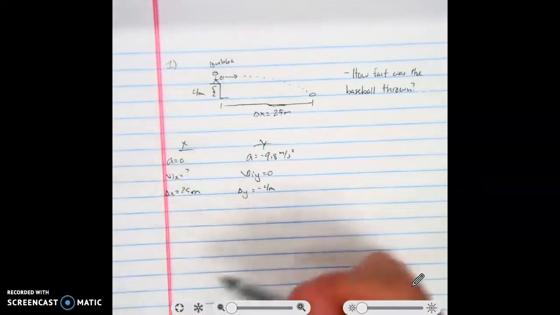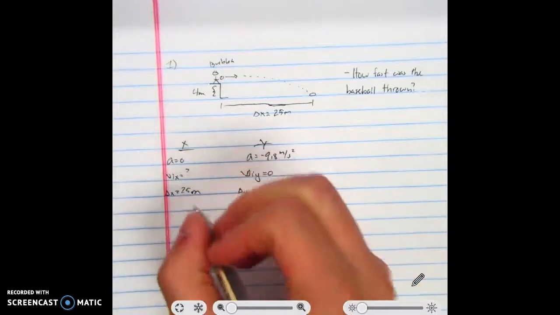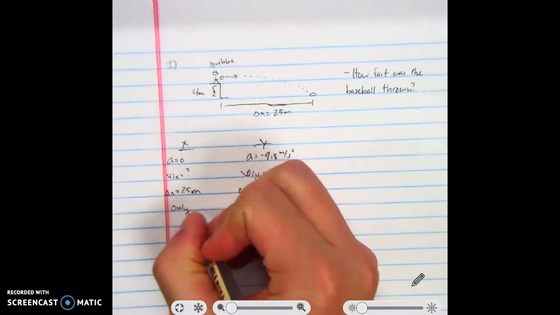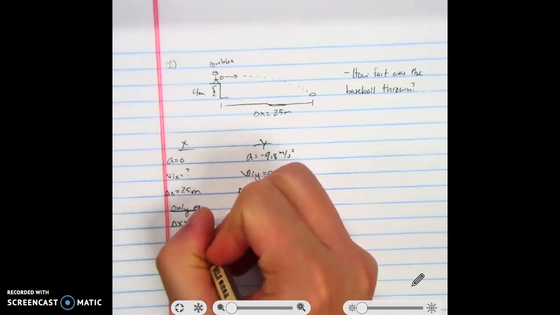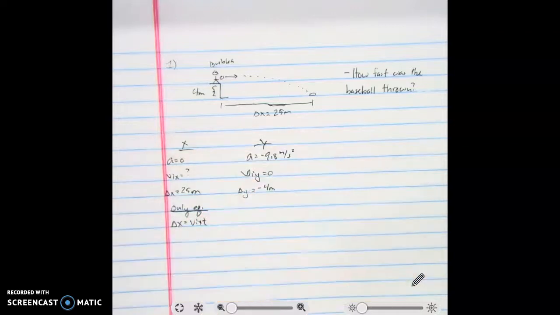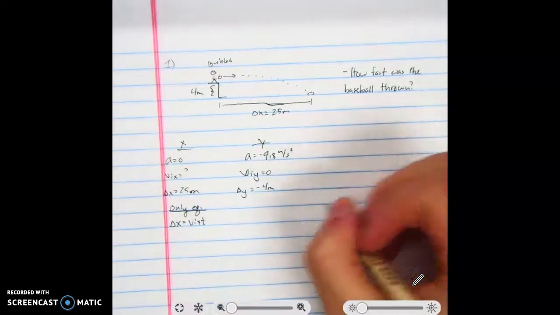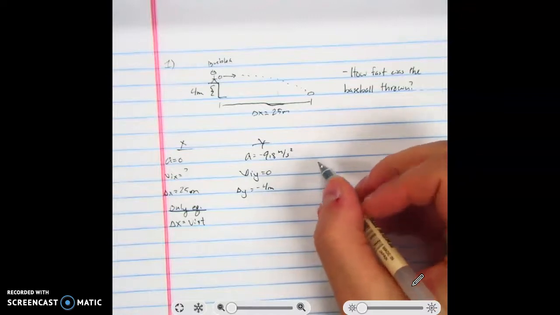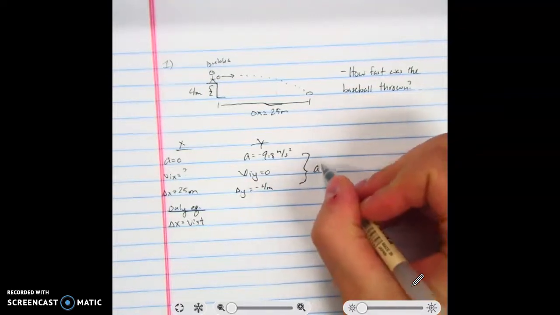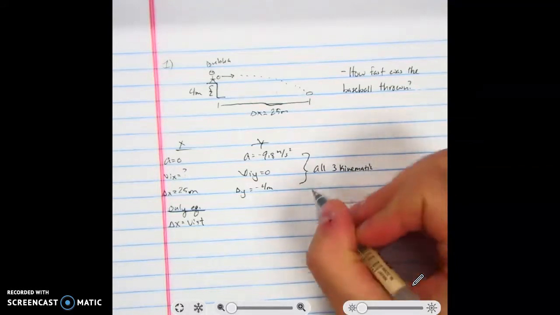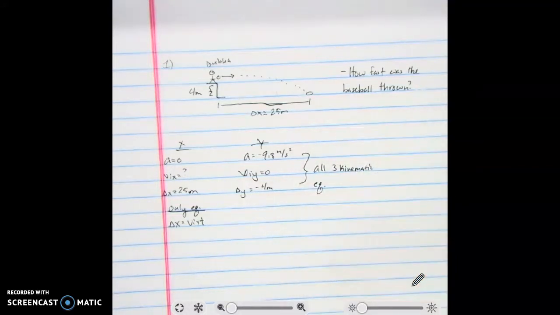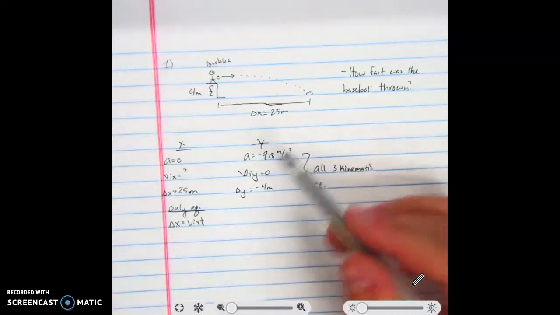So we have all this information. Remember, our only equation for the x-axis is delta x equals v initial x times t. It's the only equation in the x-axis. On the y-axis, we have all three kinematic equations viable.